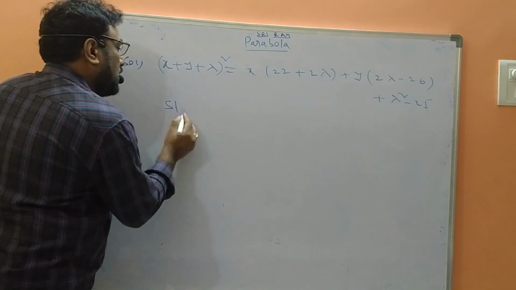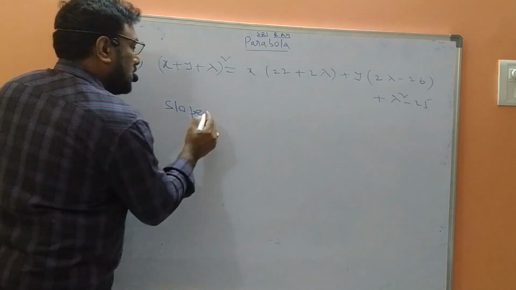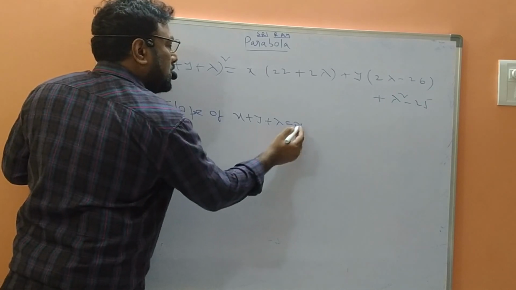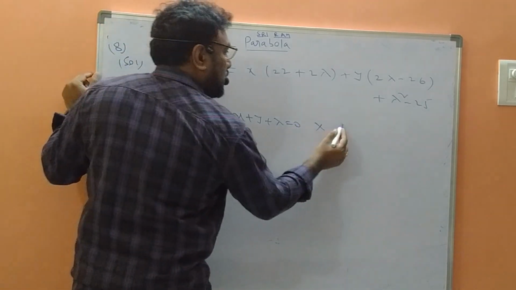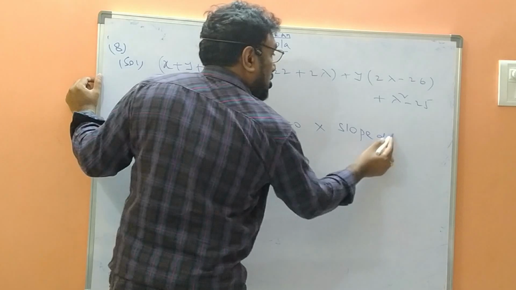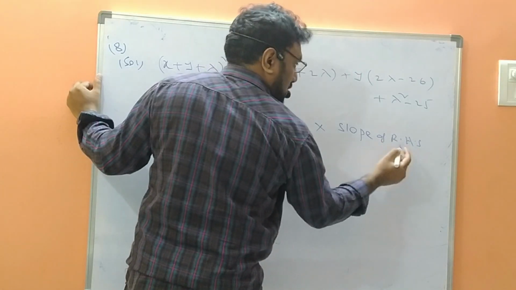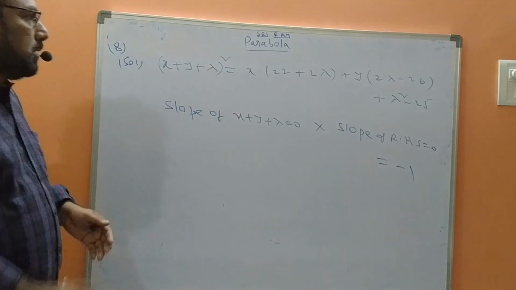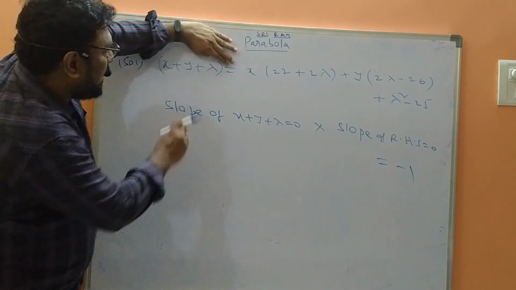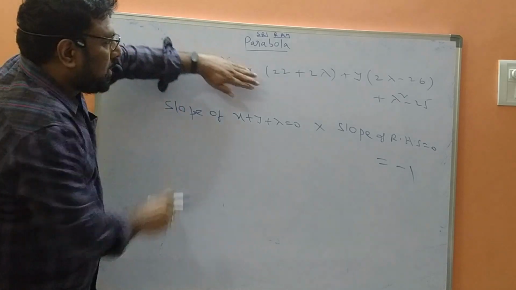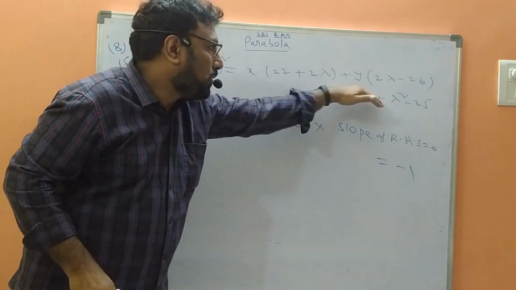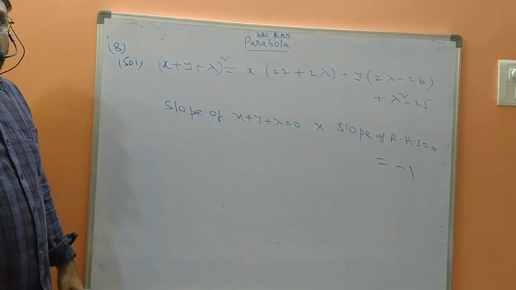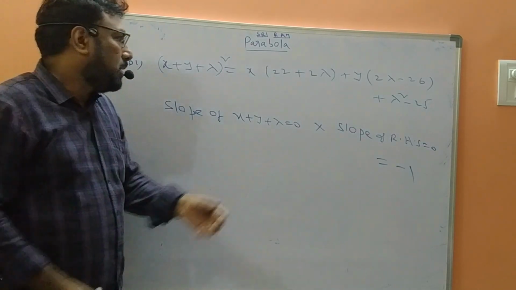So to find lambda, slope of x plus y plus lambda equal to 0 into slope of RHS equal to 0 equal to minus 1, because x plus y plus lambda equal to 0 is the axis. This one, right hand side equal to 0, is the tangent at vertex. Both must be perpendicular. So product of their slopes must be minus 1.